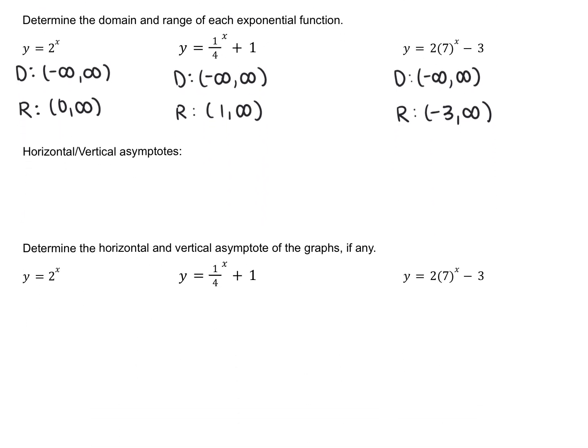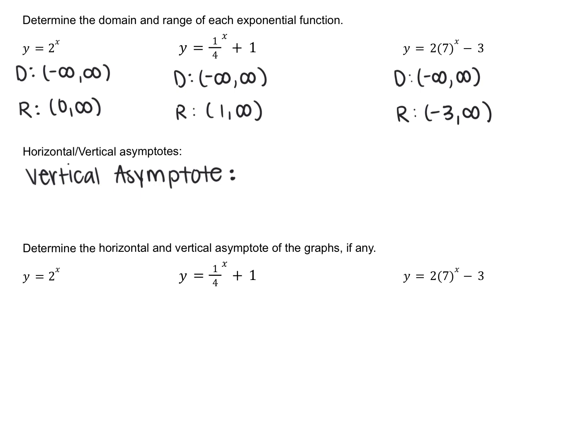Last thing we're going to discuss are horizontal and vertical asymptotes. So we talked about these when we were talking about rational functions. It's actually a lot easier for an exponential function to determine its horizontal or vertical asymptotes. So when we talk about vertical asymptotes for an exponential function, the vertical asymptote comes from whatever values you can't plug in for x.